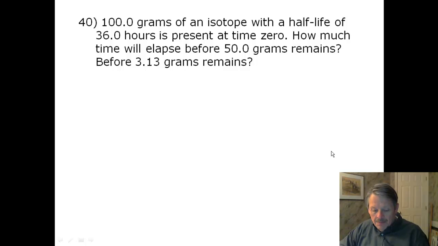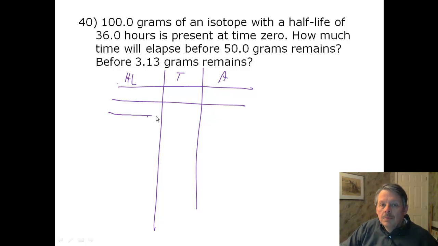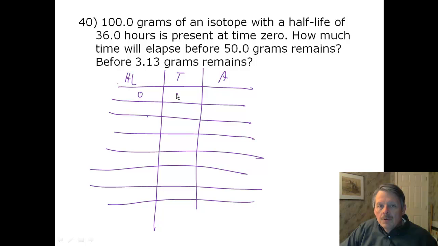All right. Got a couple more to go. We have 100 grams of an isotope with a half-life of 36 hours. All right, so we have half-life, we have time, we have amount, zero, zero.